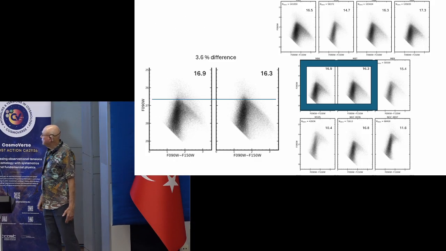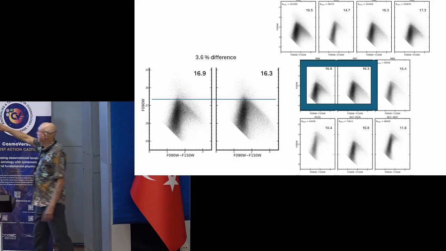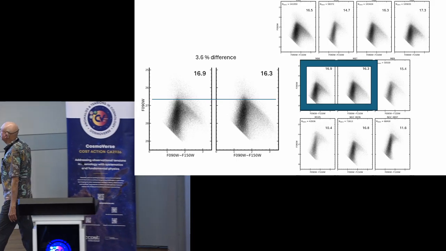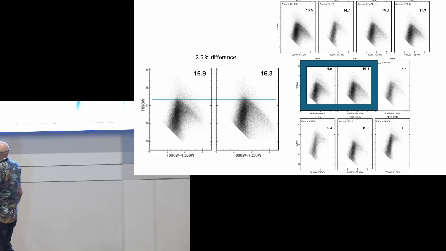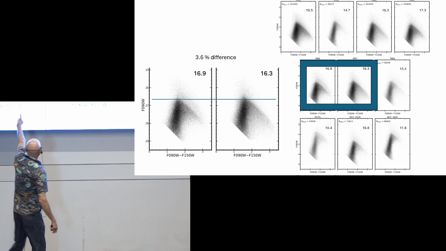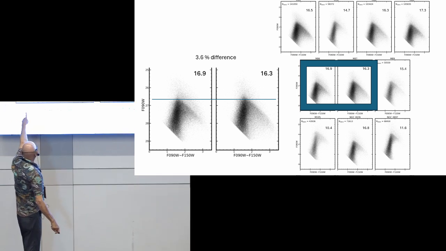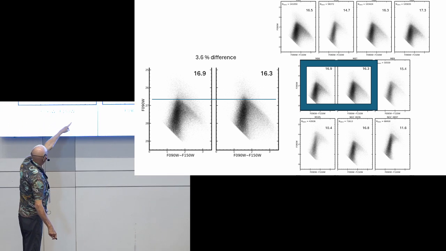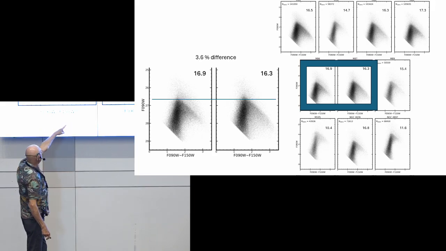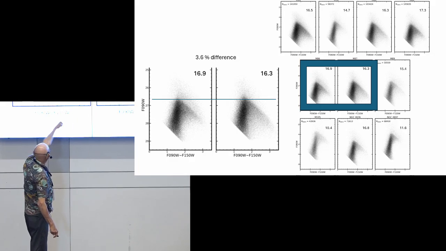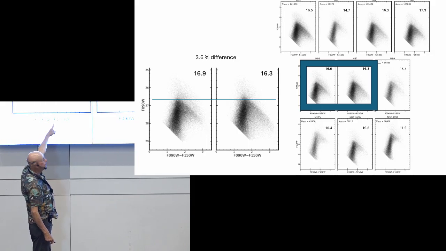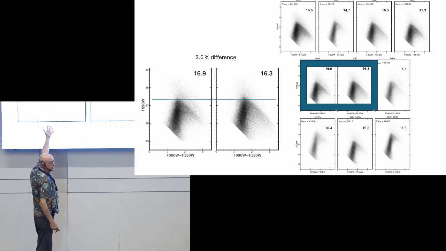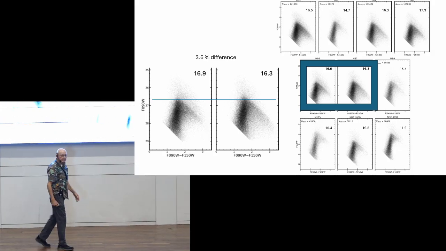And again, I'm looking at 2 different galaxies in the Virgo cluster here, and you can see by eye on that fit going across that this one here is closer than this one here. You see the tip rises a little bit higher. 16.3 megaparsecs versus 16.9, a difference of 3.6%.